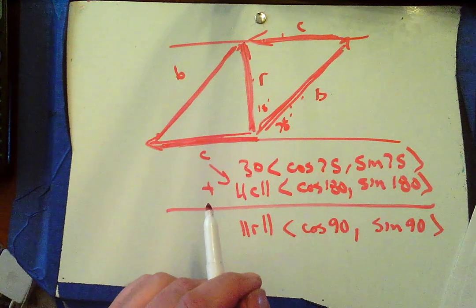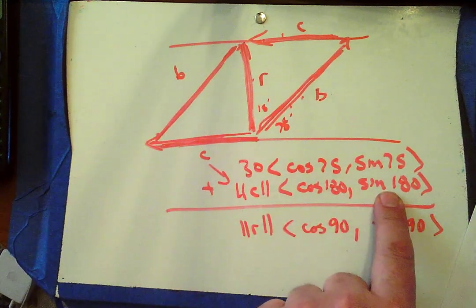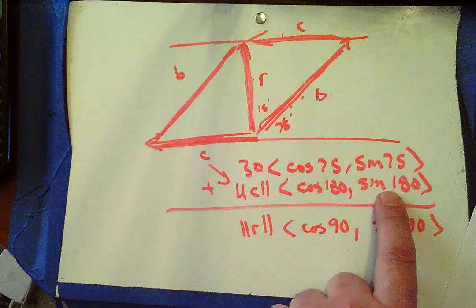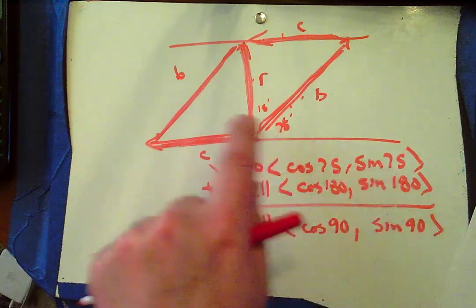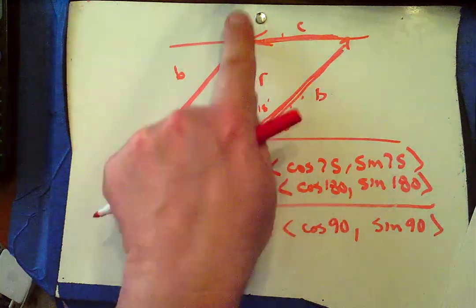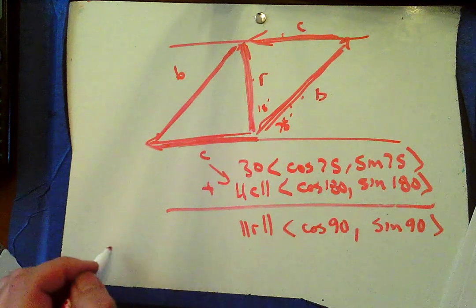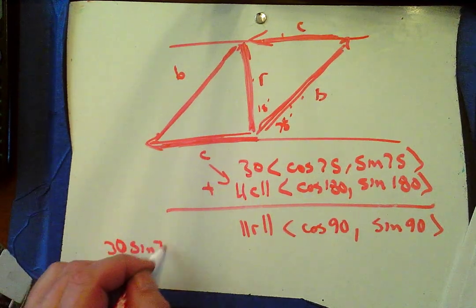So let's see what we know. Now, the current times the sine of 180, that's just going to be 0. So that's not going to help me out so much. This would be a great way for me to find how fast the boat goes across the river, to use the sine stuff.